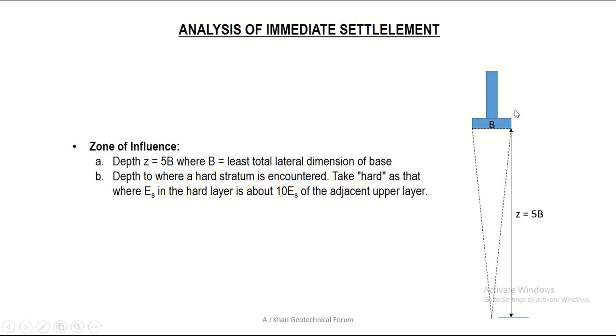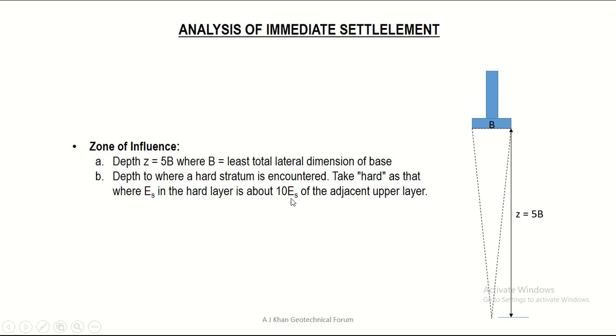Okay, so that is your zone of influence. So everything within this zone should be considered for immediate settlement analysis. There is of course another clause, that the zone of influence may stop earlier than 5B if a layer has a modulus of elasticity 10 times more than the adjacent upper layer.